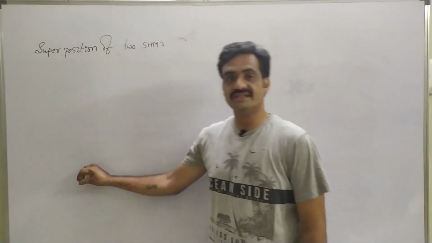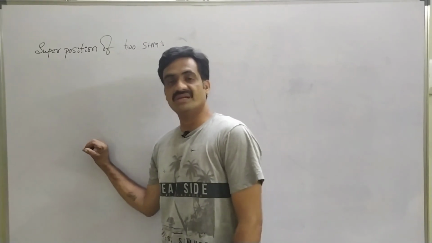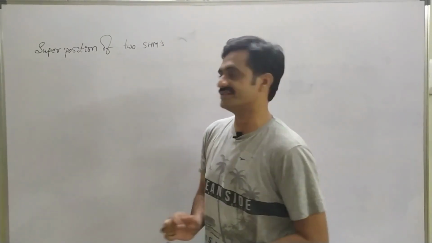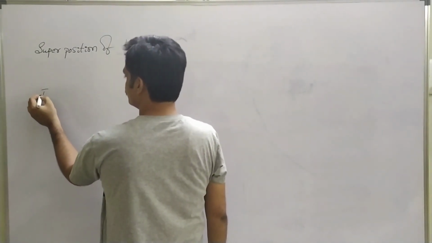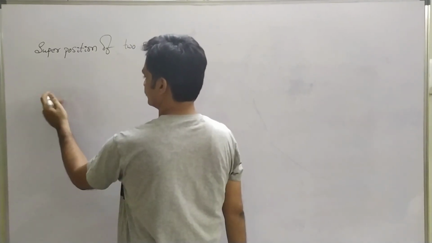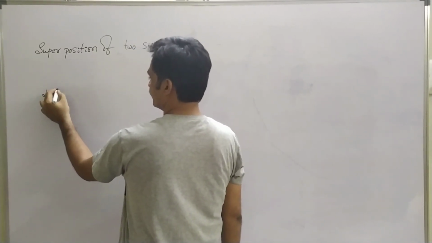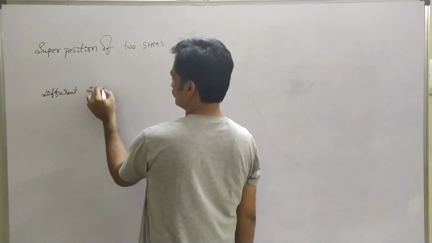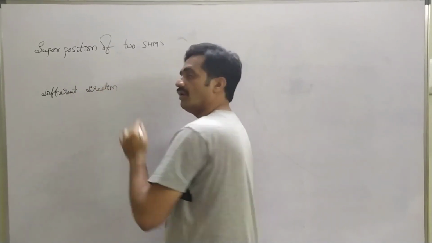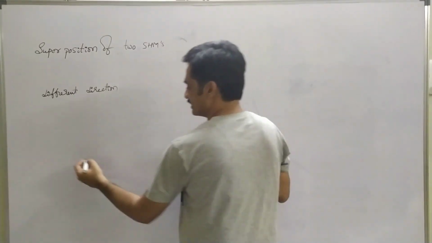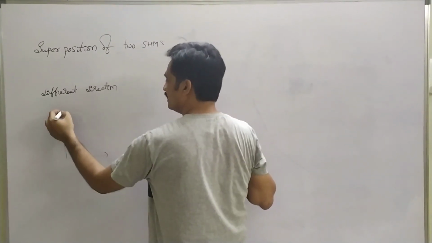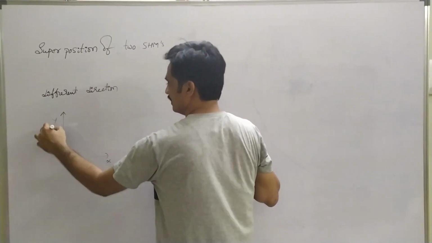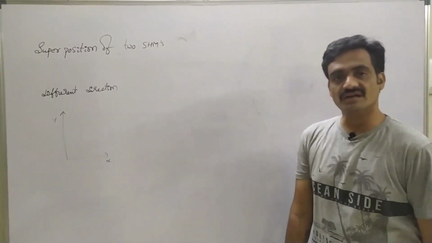Now, as we had represented the resultant amplitude equation based on the same frequency and the same direction, let us consider that these two waves have different directions. One wave is along the x-axis and one along the y-axis.